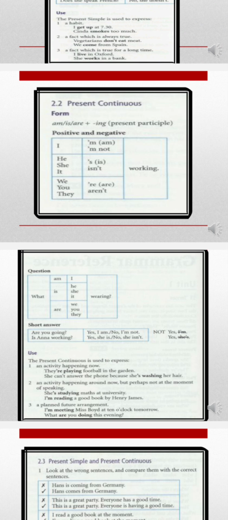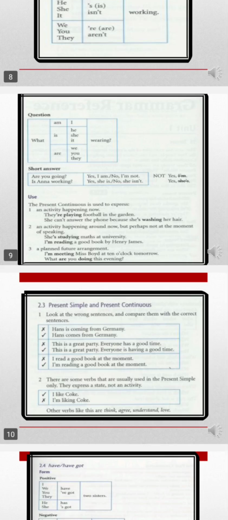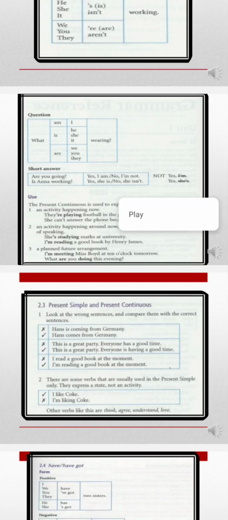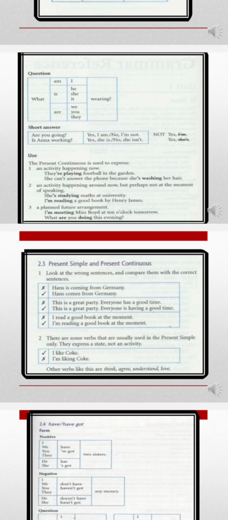We are working. We aren't working. You are working. You aren't working. They are working. They aren't working. Question.